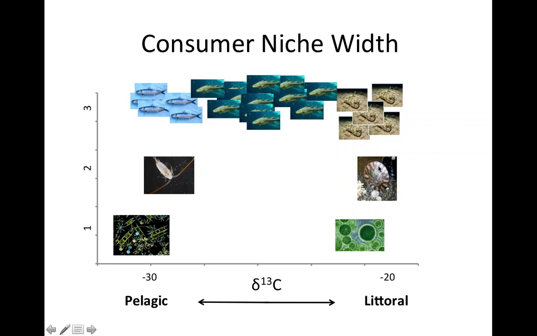But your generalist consumer, what's feeding somewhere in between, is getting carbon resources from the pelagic zone and also from the littoral zone. If you plot a number of these fish, generally you might get a larger dispersion. You might get all the fish just slap bang in the center there. What does that mean?